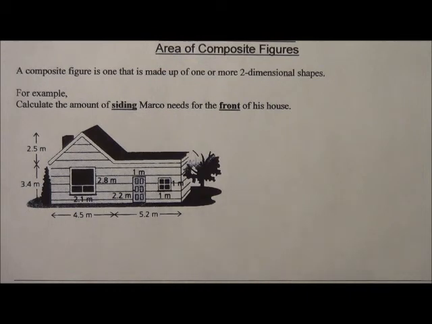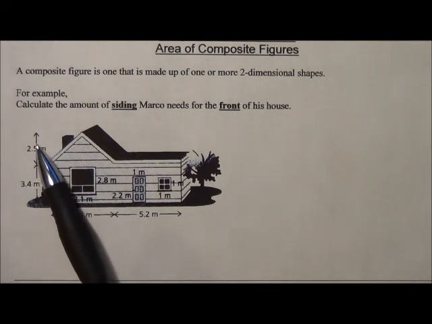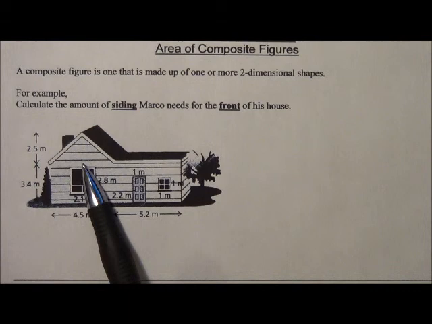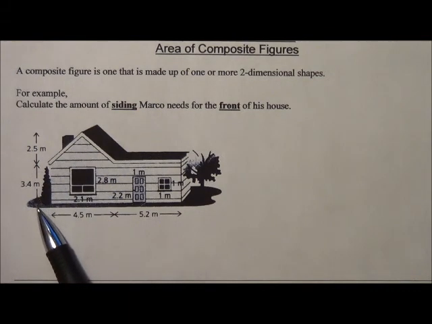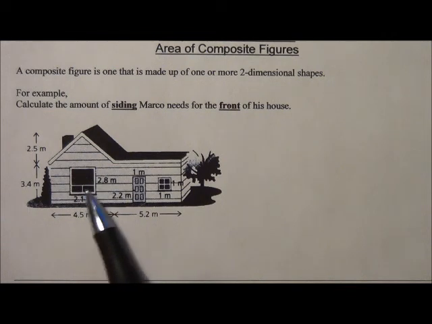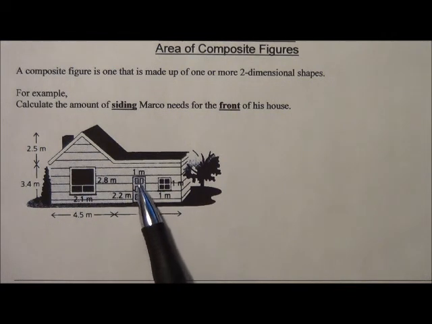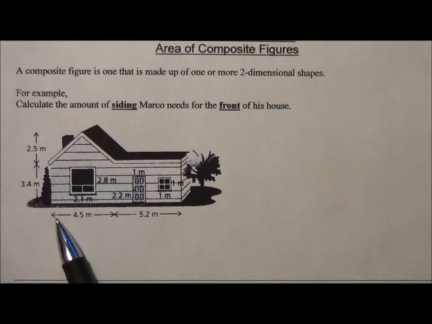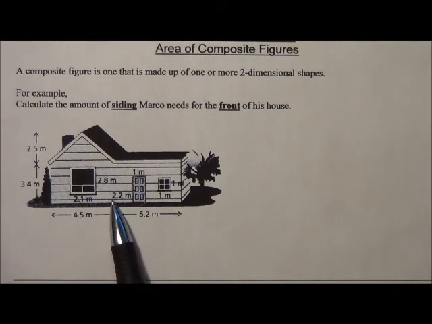Okay, so we have all these dimensions that are given. We've got the total height of the house. We've got basically the height of the peak of this part, and then from the ground up to that part. Then we've got the dimensions of the big window, the dimensions of the small window, the dimensions of the door, and we've got the length from here to here, which corresponds to that part of the roof there, and then the rest of the way along that.